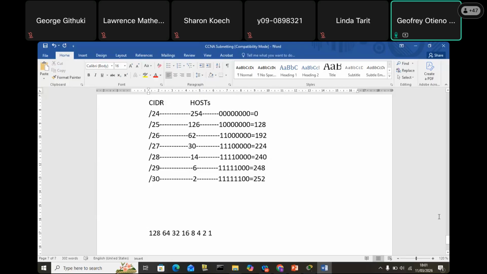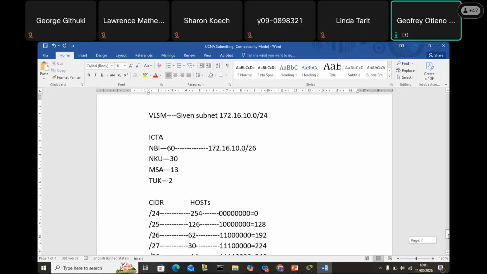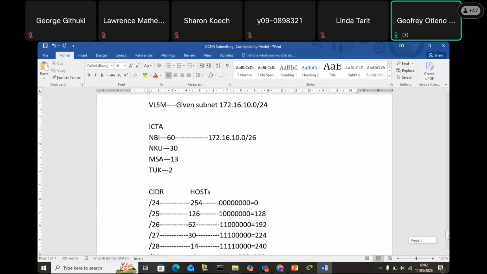So when I'm asking you, what will be the block size? It's very simple. You just need to check which prefix you have. It is prefix 192. So for you to get the block size, it is the magic number 256 minus 192. What do you get? 256 minus 192.